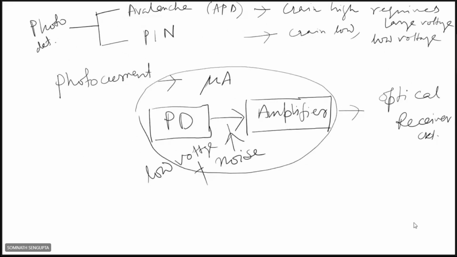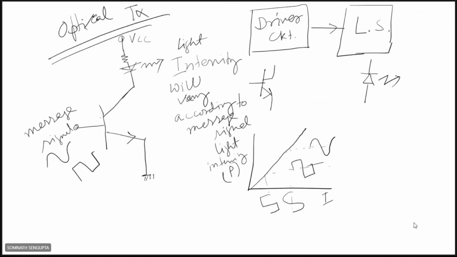Then we discussed what are the types of photodetector, and we have seen that photodetector output is very low, weak signal, so we need amplifier to amplify it. So then we discussed what do you mean by optical transmitter link.